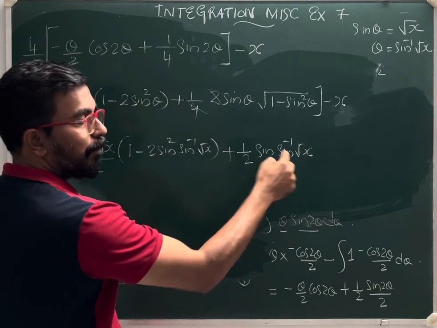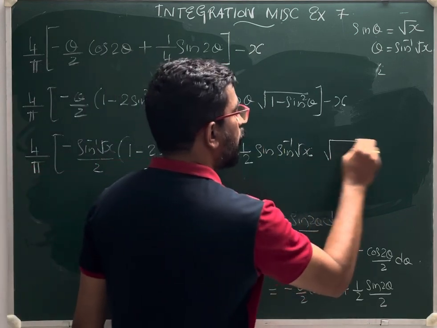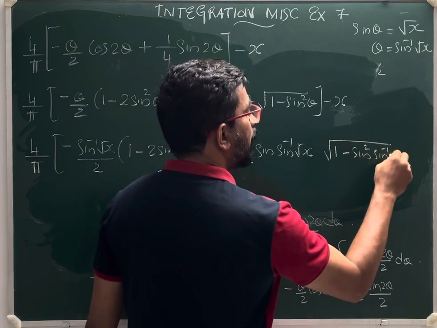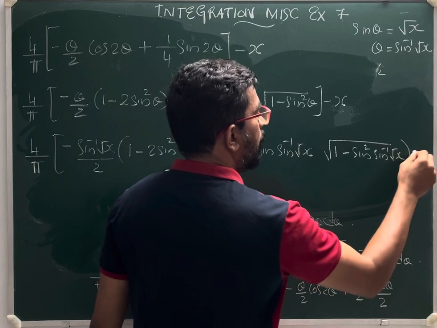In the place of θ, I put sin⁻¹√x, into √(1 − sin²(sin⁻¹√x)), minus x.